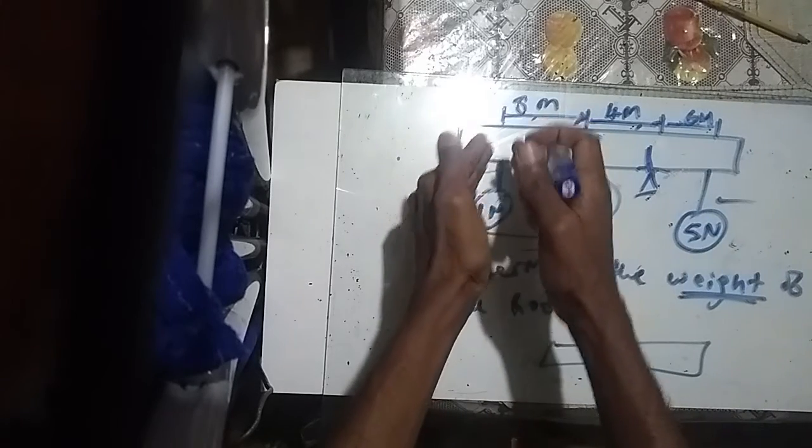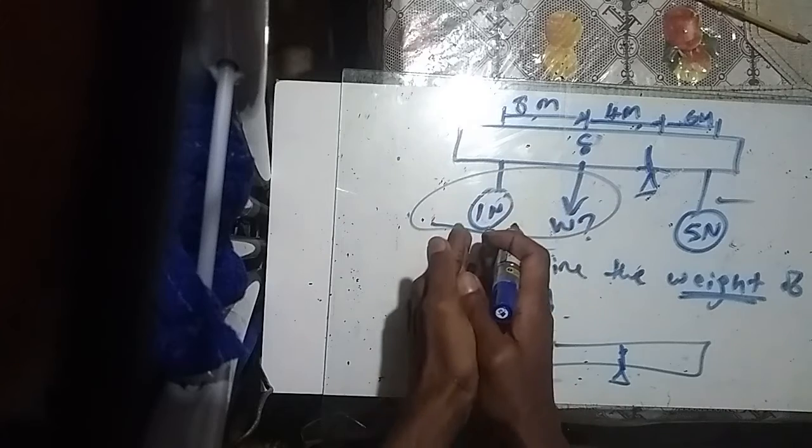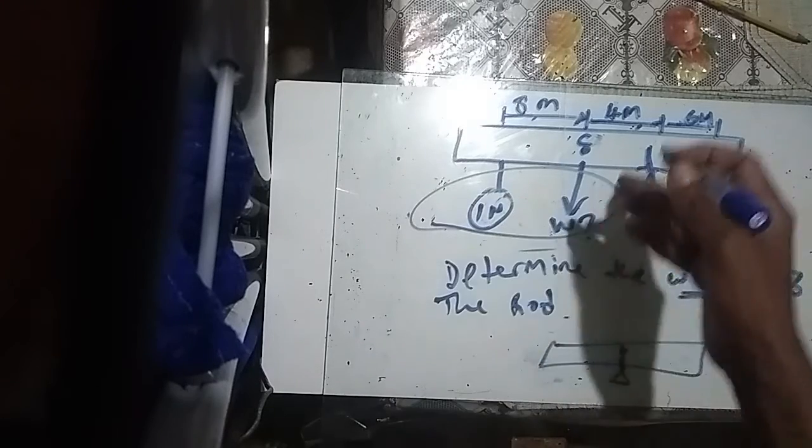That means my gravity would act downward in this direction and add to the moment that I would find here. I can find the moment for my center of gravity because weight is acting at the center of gravity. So I can find a moment for my weight, which is in Newton.